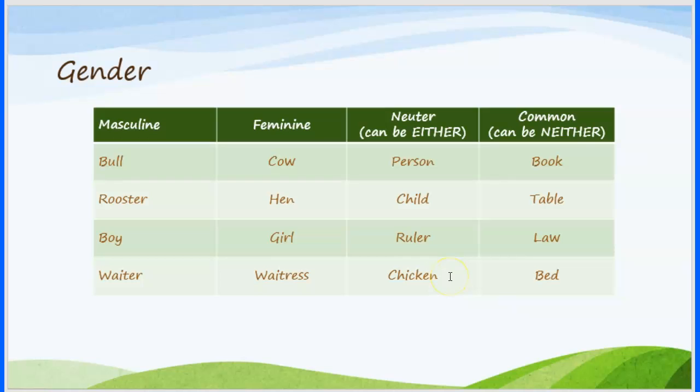And the same with a chicken. And then there are some nouns that can't be either. Book, table, law, bed. We know that those cannot be a gender at all. So just remember, neuter can be either, common can be neither. And the N at the end of common goes with the N at the beginning of neither. So I like to have little tricks that help me remember these things.